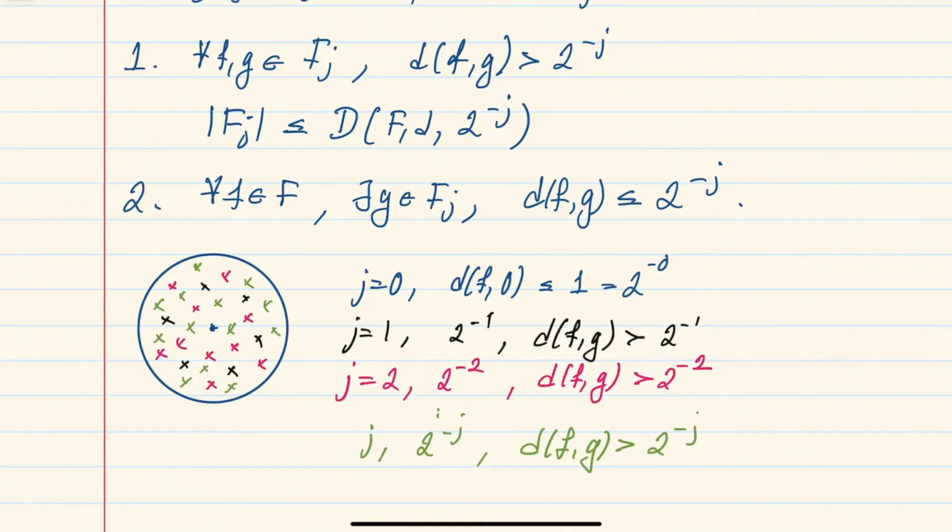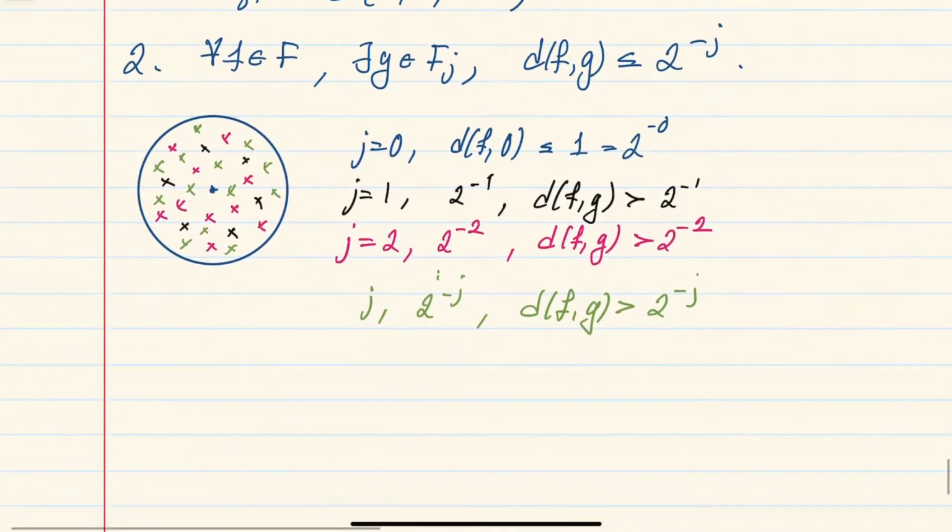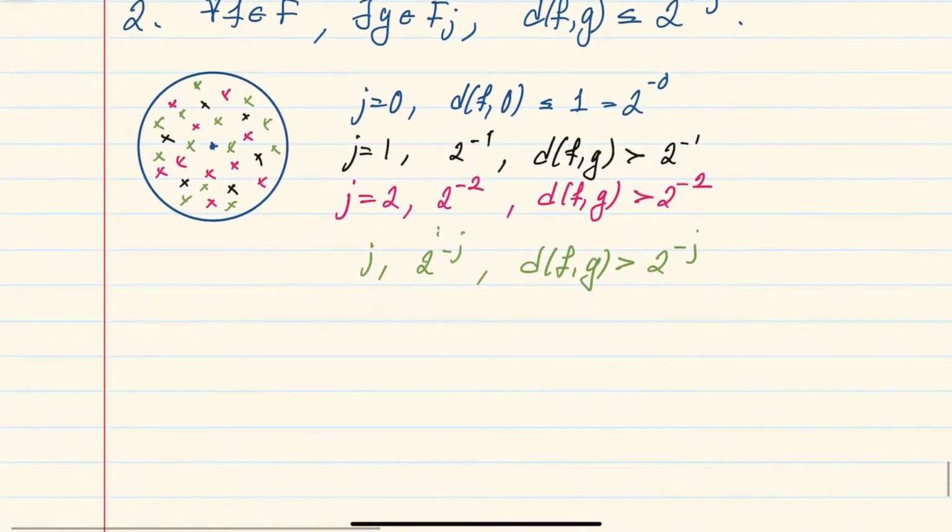Now, once we find this sequence of sets for these dyadic scales 2 to the minus j, we are going to define the projection from our set to these Fj just by taking the closest point.